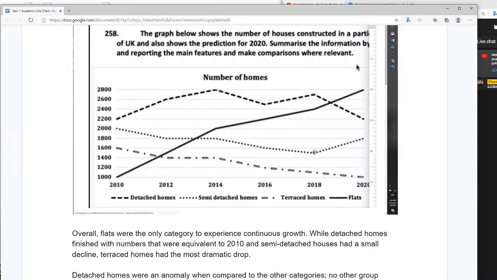Well, about 1,500, right? So a low of 1,500 in 2018. Also, let's check our spelling. Semi-detached. Okay. So they just kind of had a continuous decrease with a little bit of a plateau, but I think you'll be okay just by saying 2010 to 2018 it was a decrease, especially because it didn't really grow during that one period. Okay.